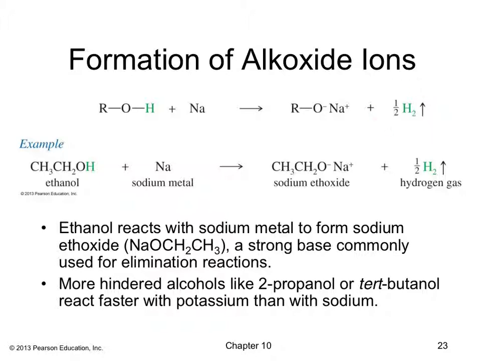For example, in the presence of ethanol and sodium metal, you'll generate the sodium ethoxide and hydrogen gas. And as a result, you generate this product, which is a strong base, right? We've seen sodium methoxide used for E2 elimination. More hindered alcohols like 2-propanol or tertiary butanol react faster with potassium instead of sodium.